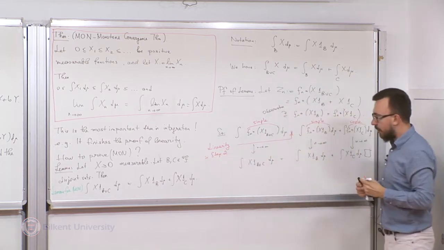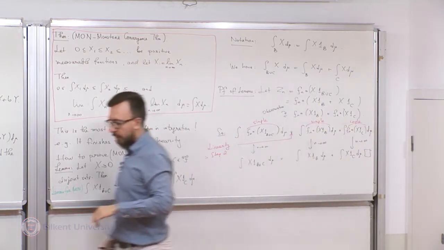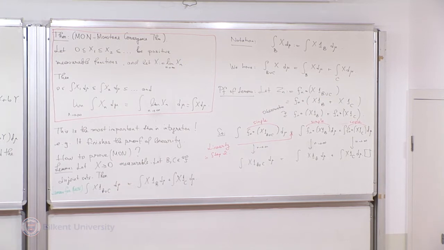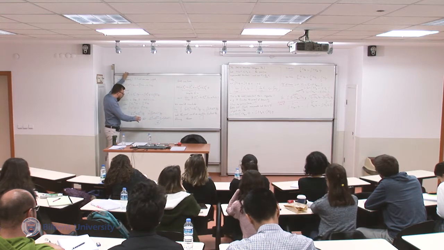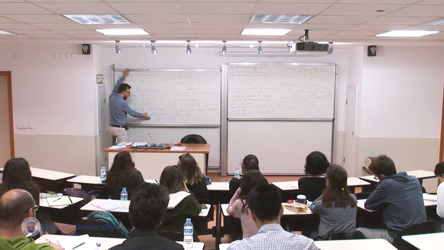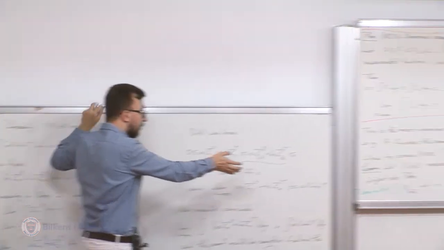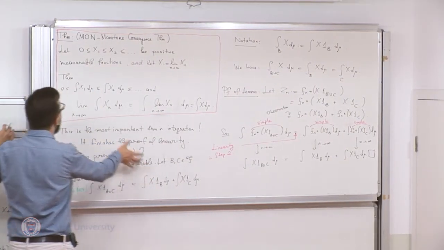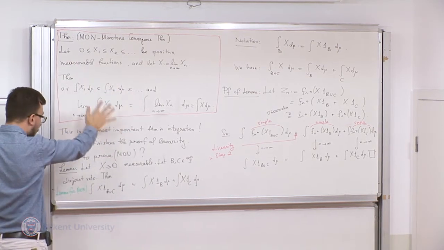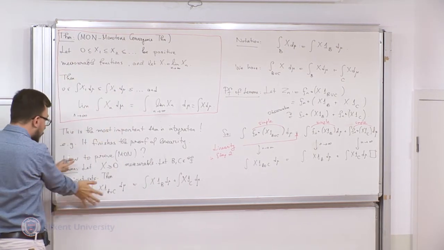And then we just let n go to infinity. So we really understood what was going wrong in the proof of linearity, and we created an easier version of it, which does not really use monotone convergence theorem. So now the idea is to prove monotone convergence theorem using this lemma.